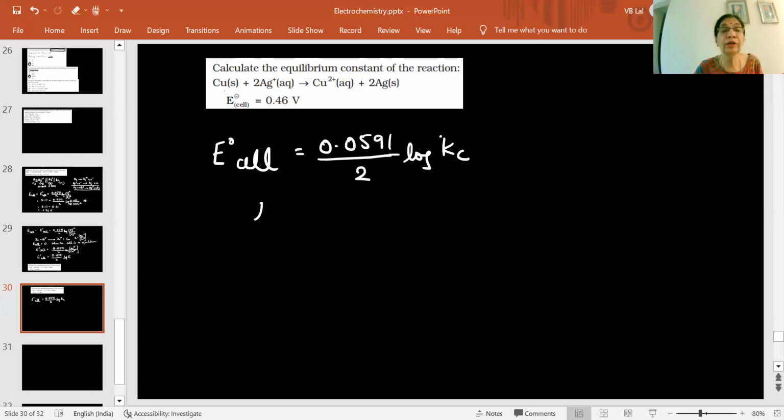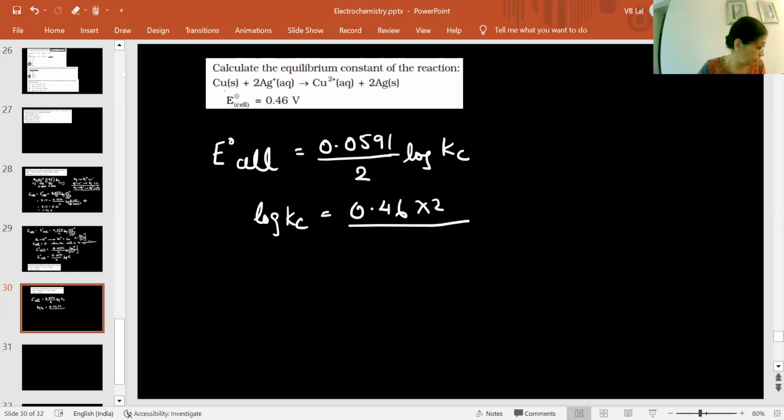So how can you calculate Kc? Log Kc will be equal to, E cell is already given there, 0.46, into 2 divided by 0.0591.